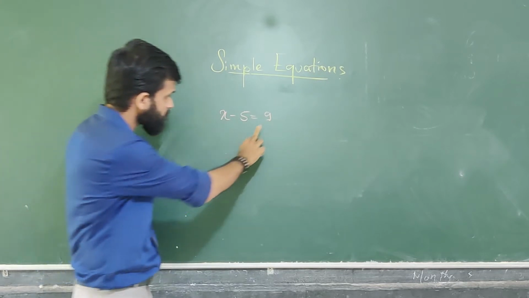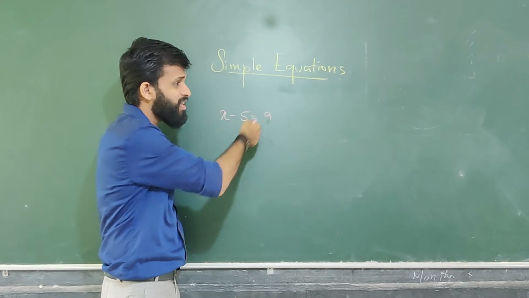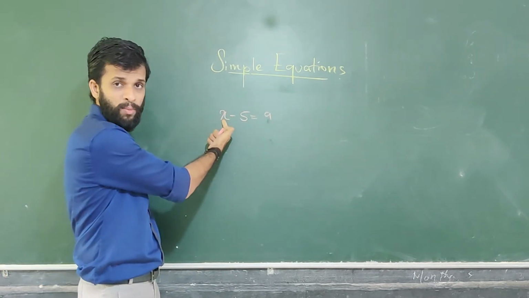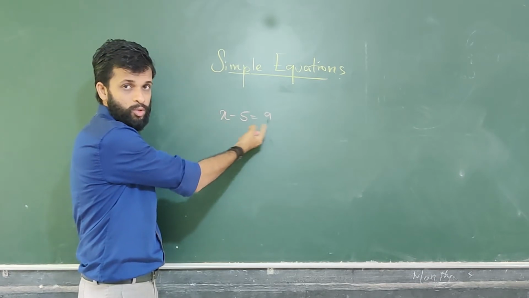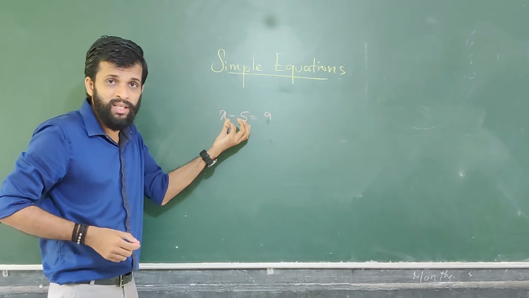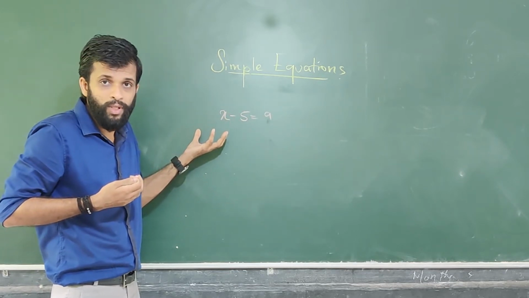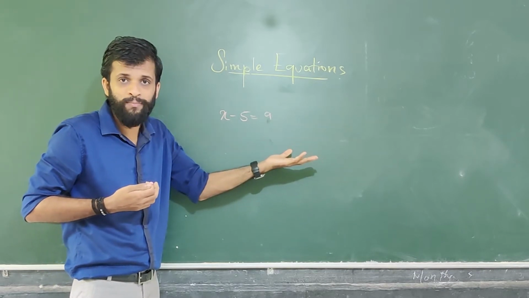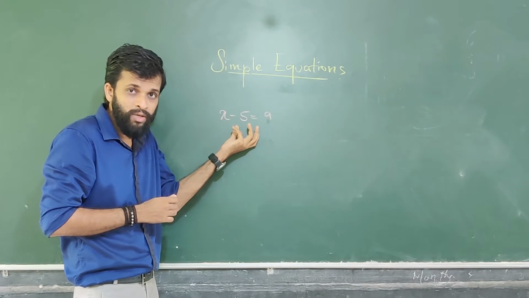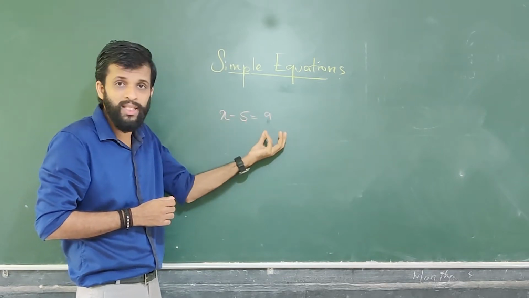Now, don't get confused. So x minus 5 is equal to 9. In this case, we have a variable and two constants, right? Now, what are we doing? We are subtracting 5 from a number, and we get the answer as 9.